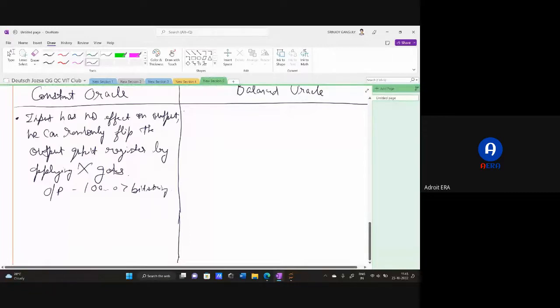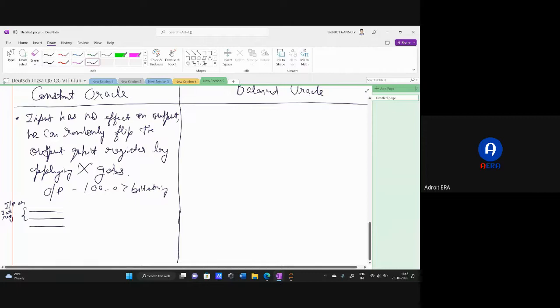So how will the circuit look? This is a valid circuit, and please note it down. Let's say you have 2 qubits in the first register. This is a constant oracle, where these 2 qubits are the input or first register, REG, I'm writing it in short.